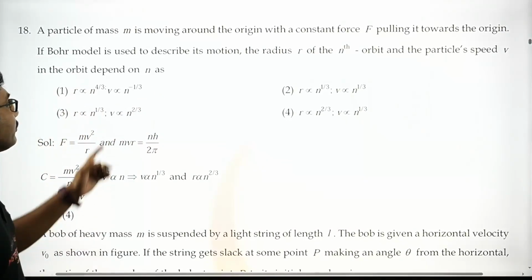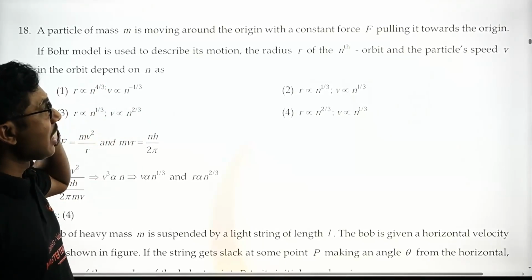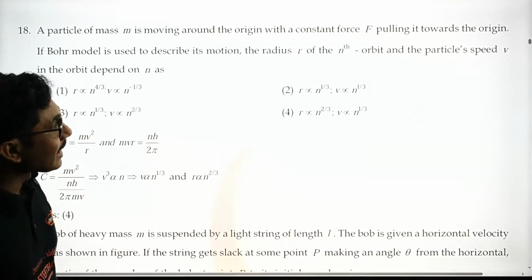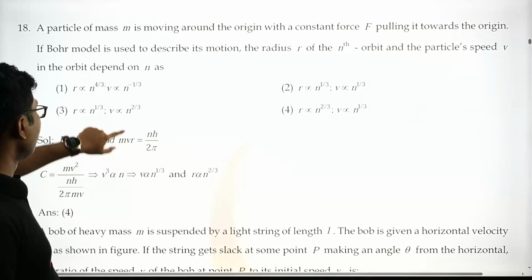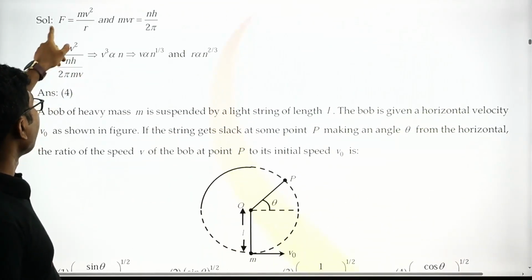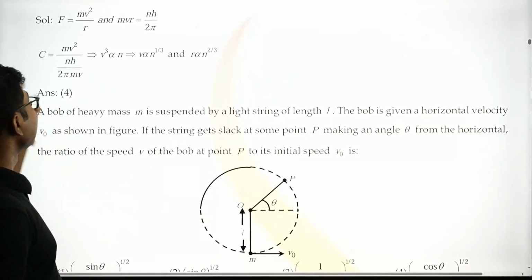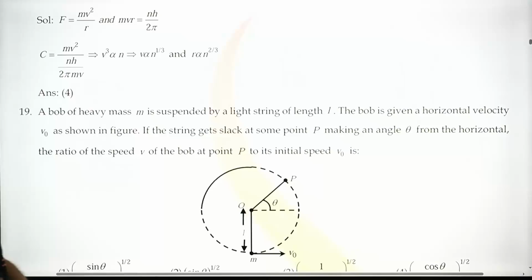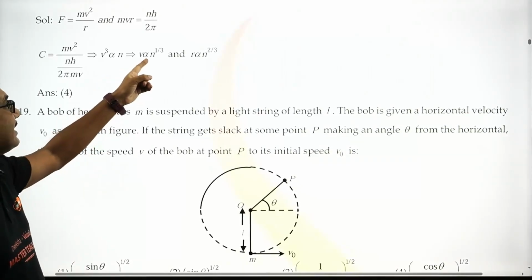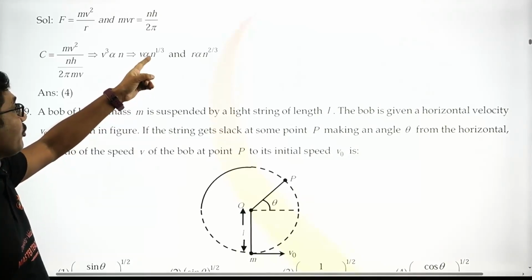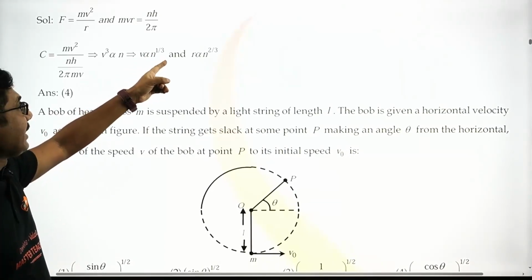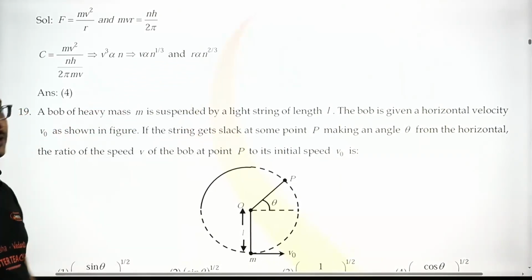First of all, F is equal to mv square by r. So mvr equals nh by 2 pi. So from there you can calculate that velocity is proportional to n to the power 1/3, and radius is proportional to n to the power 2/3.